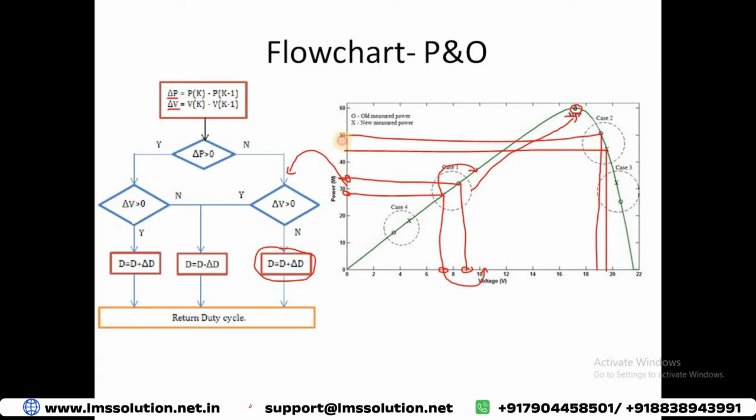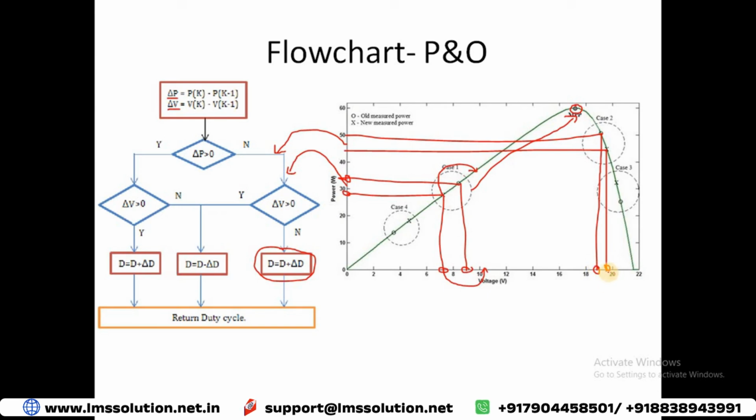In this condition, it comes to this point, right? That means del P is not greater than 0. After that you have to check the voltage difference. You can see that this is the current instant, this is the previous instant.